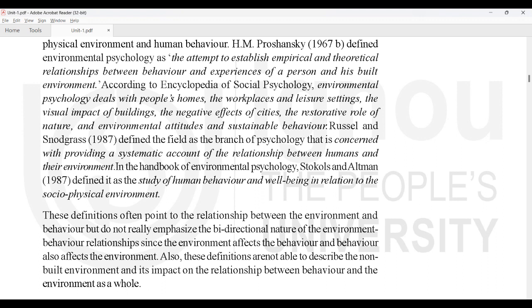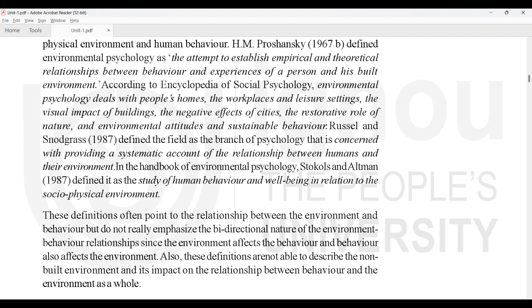In the Handbook of Environmental Psychology, Stokols and Altman defined it as the study of human behavior and well-being in relation to the socio-physical environment. These definitions often point to the relationship between the environment and behavior but do not really emphasize the bidirectional nature of the environment-behavior relationships, since the environment affects the behavior and behavior also affects the environment.